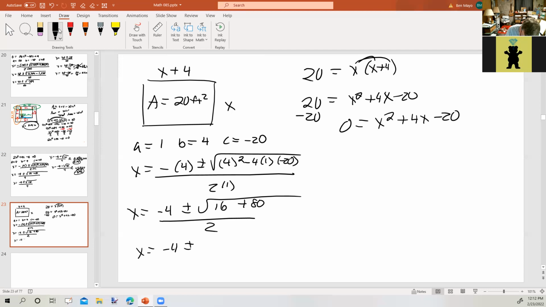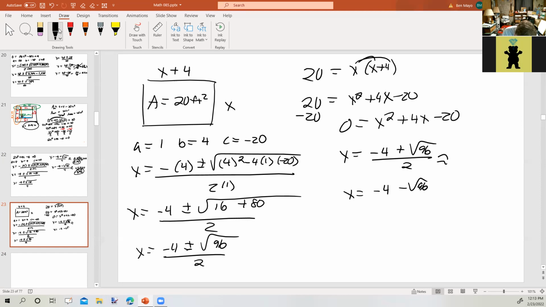X equals negative 4 plus or minus the square root of 96 all over 2. And I'll just bet you that 96 is not a perfect square. No, it's not. So x equals negative 4 plus the square root of 96 all over 2. X equals negative 4 minus the square root of 96 all over 2.